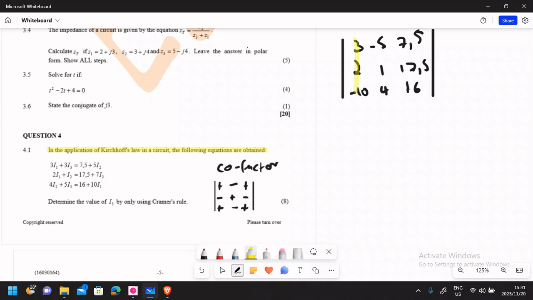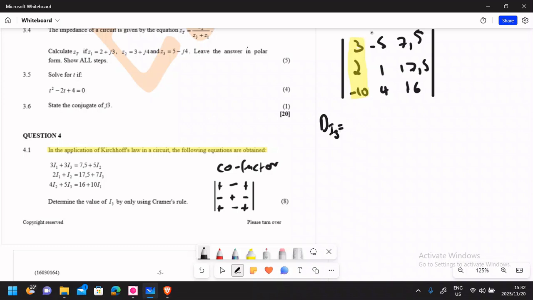You can choose any column, any row, by the way, in order for you to use this as your minus. But it's easier when you choose the first row or the first column. So I decided to choose the first column. Okay, let's continue, guys. So the determinant of I3.